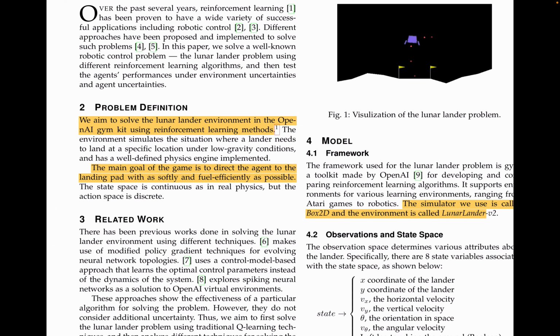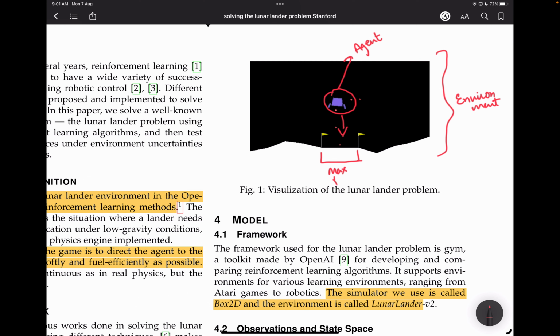And this is the landing pad. So initially what we want is to land this lander in this place so that we get maximum reward. And for the rest of the space, you'll get some reward, maybe you'll get negative reward. But for the agent to land safely on the landing pad, you have to land it in this maximum reward space, right?